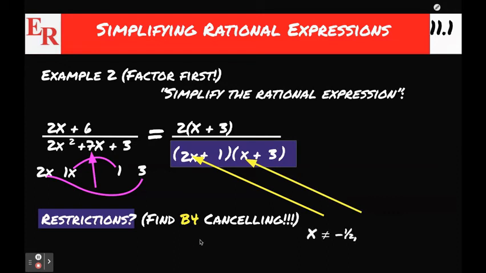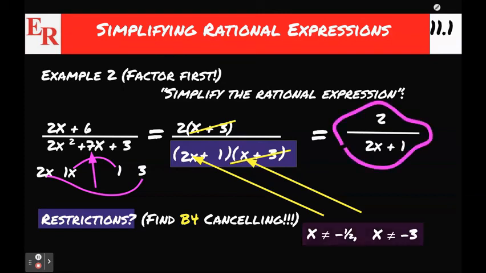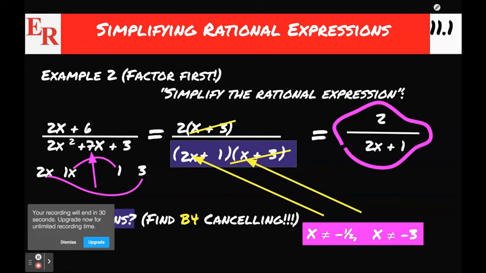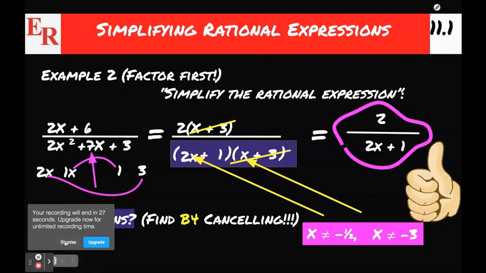And we get x equals negative 1/2 and x equals negative 3, as your teacher taught you how to do in class. Now we're ready to cancel that x plus 3, that x plus 3. And that's going to leave us with a 2 on the top over the 2x plus 1 on the bottom. We'll circle it. We won't forget about our restrictions, and we'll move on to the next problem.